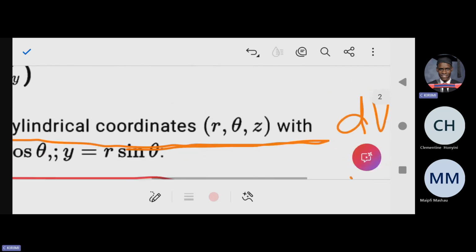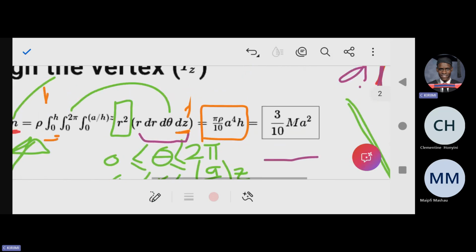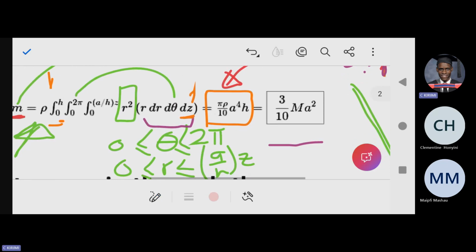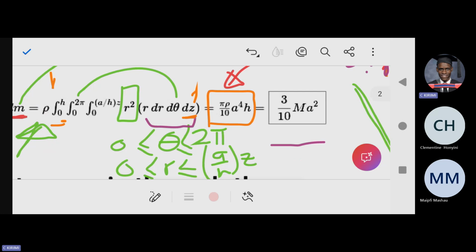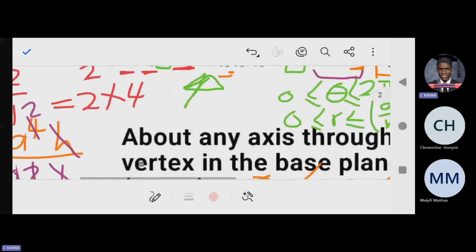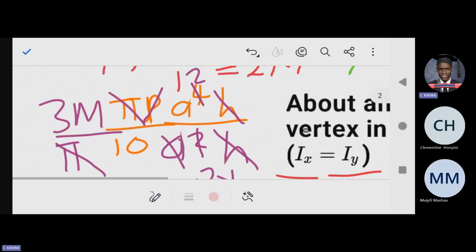When you multiply by rho, even with this one, you have multiplied by rho there, and then you simplify it. Like what we did here when we're dividing to say rho is 3m over pi a squared h.